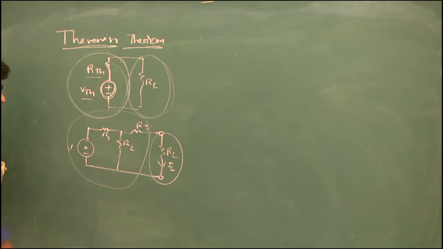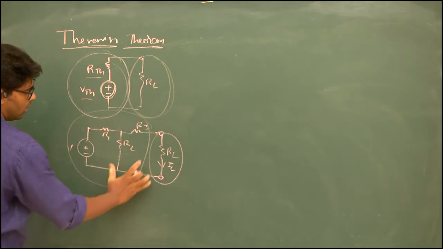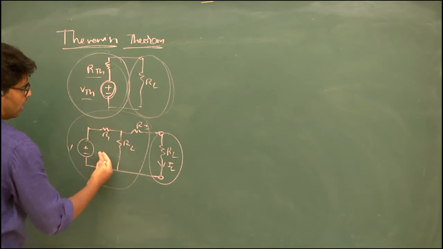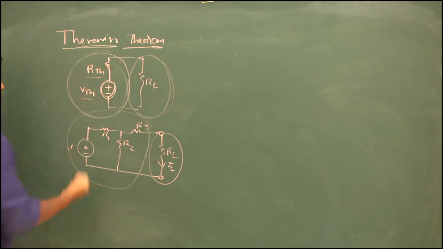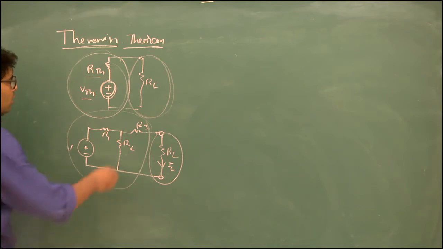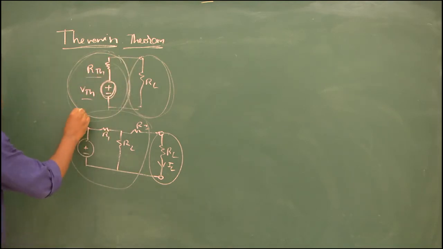Therefore, the Thevenin theorem is defined as: any linear circuit having different sources or different loads will be replaced with a circuit that is V Thevenin with R Thevenin. That is the definition of Thevenin theorem.